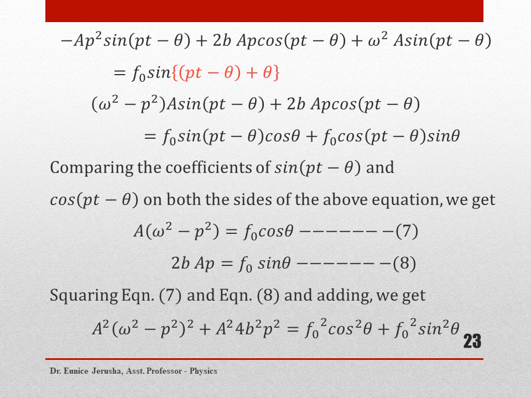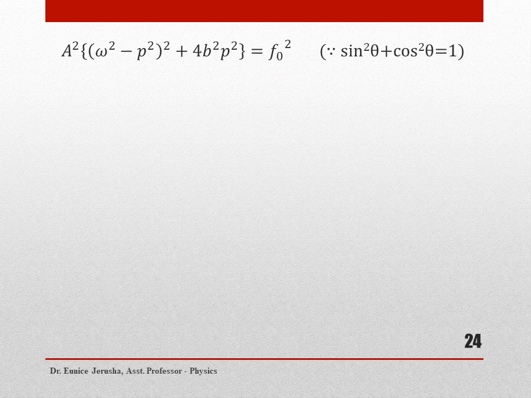Squaring 7 and 8 and adding them together, we have a square (omega square minus p square) the whole square plus a square 4b square p square equals f naught square cos square theta plus f naught square sin square theta. On the left hand side, we have taken a square common for both the terms, and on the right hand side we have taken f naught square common for both the terms.